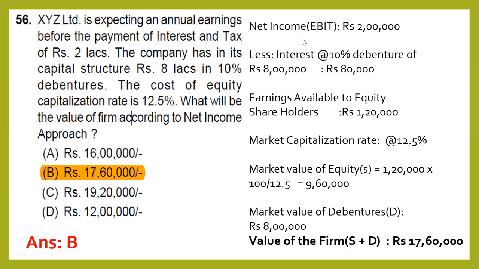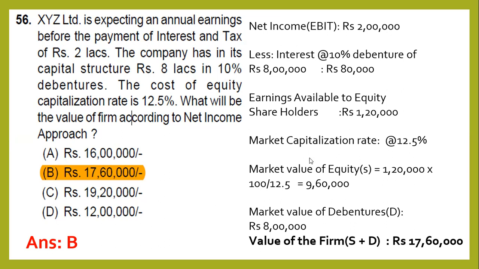So here, EBIT is 2 lakh rupees. Less interest at 10% of debenture. 10% of 8 lakh rupees is 80,000. So earnings available to the equity shareholders is 1 lakh 20,000. How did we get this 1 lakh 20,000? 2 lakh minus 80,000 gives you 1 lakh 20,000.